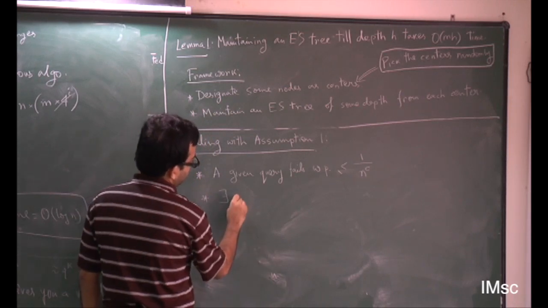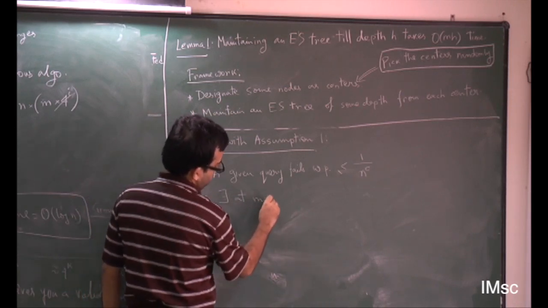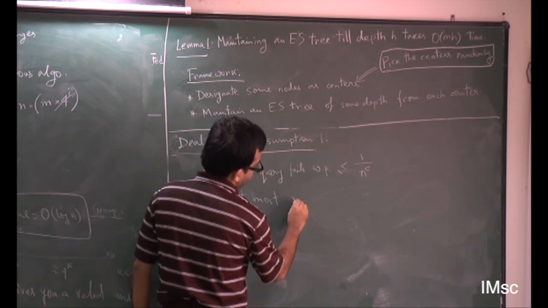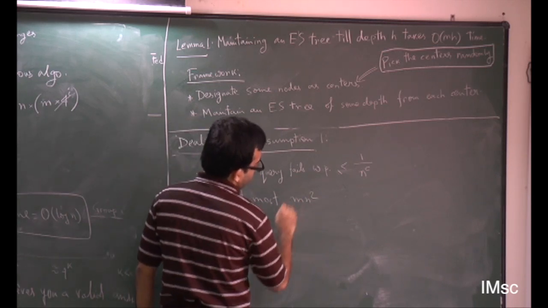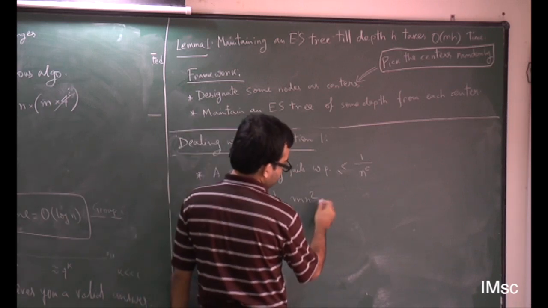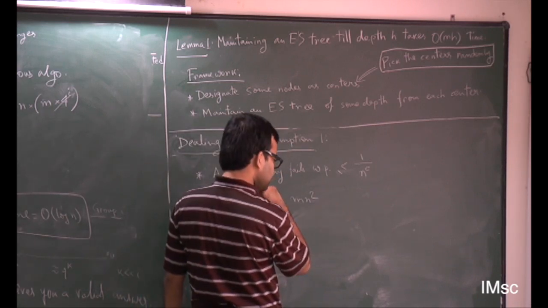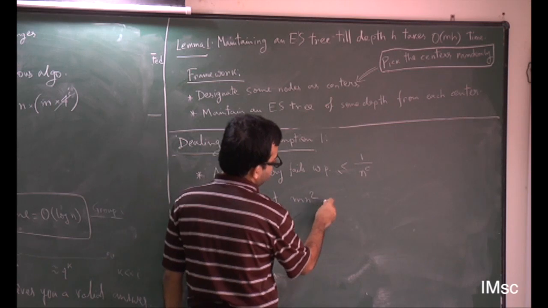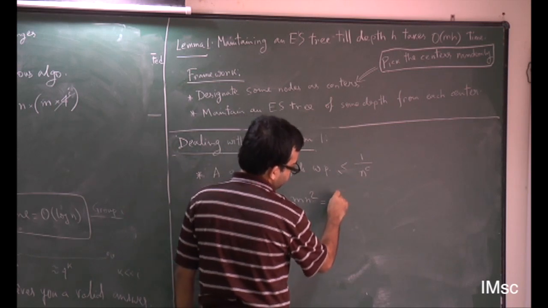So, there exist at most m n square many queries, right, and m can be at most n square.